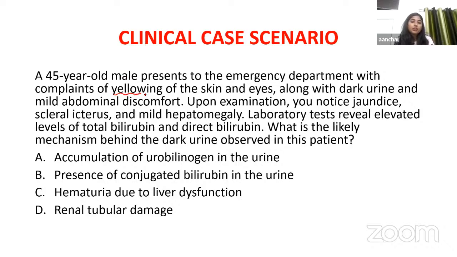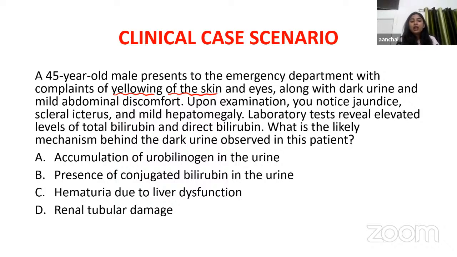Yellowing of the skin directly indicates that the person is suffering from jaundice, because yellowishness is the first symptom of jaundice. Yellowish skin and eyes along with dark urine and mild abdominal discomfort. Upon examination, we notice jaundice, scleral icterus, and mild hepatomegaly. Laboratory tests reveal elevated levels of total bilirubin and direct bilirubin.